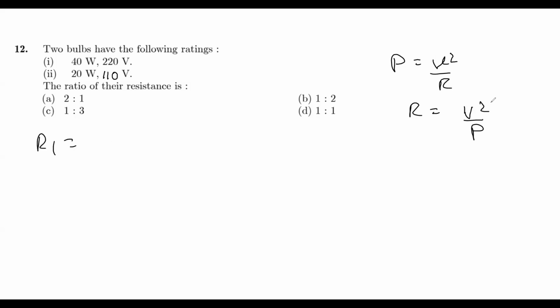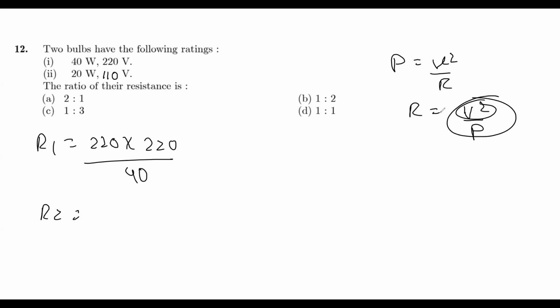R1 will be V square, and V is 220. So it's 220 into 220, divided by P, and P is 40. I'll reduce it later. Then R2, using the same relation, V square, that is 110 into 110, divided by 20.